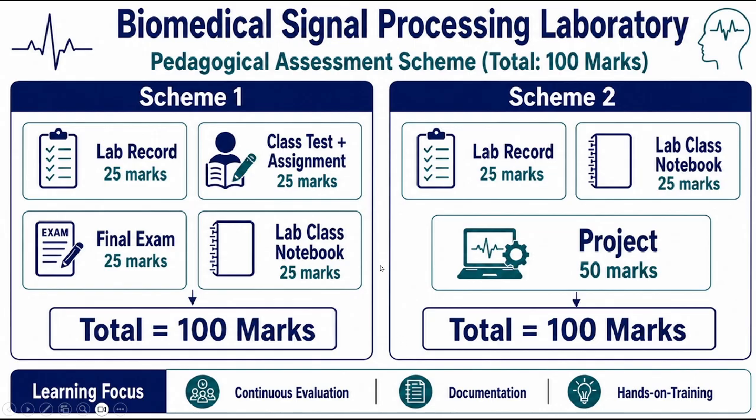You can also choose the second scheme. In this one, you'll have to make a lab record and a lab class notebook, both of which you need to maintain online. Not online, but in real time. You have to keep it up to date. And then you can choose your project for 50 marks.